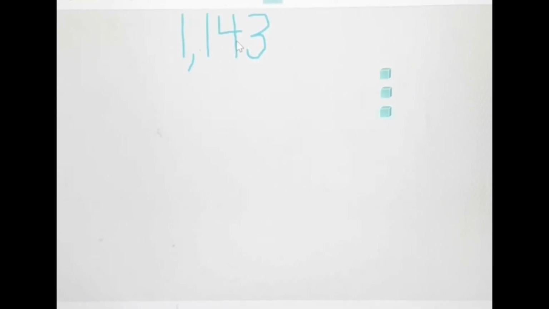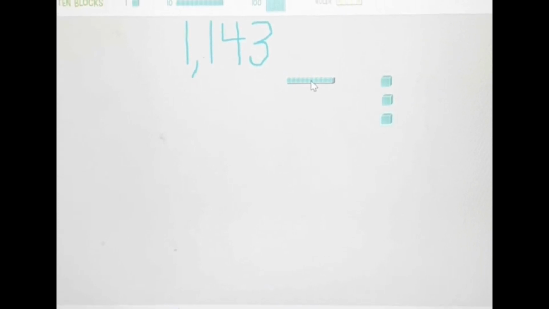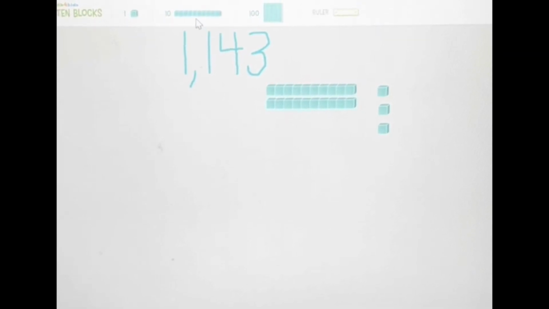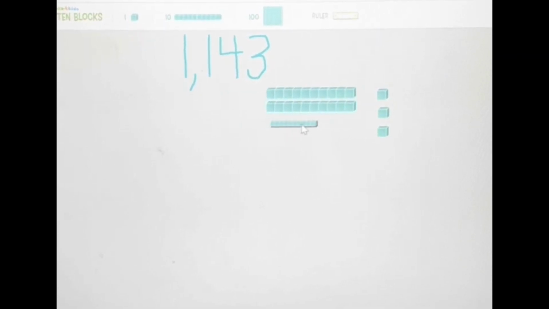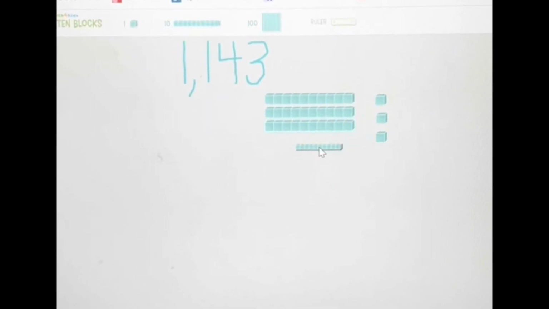Next, the tens place. The number in the tens place is a 4. So I'm going to take out 4 tens blocks. I'm going to count by tens as I'm taking out the tens blocks as we get ready to write the number in expanded form. 10, 20, 30, 40.